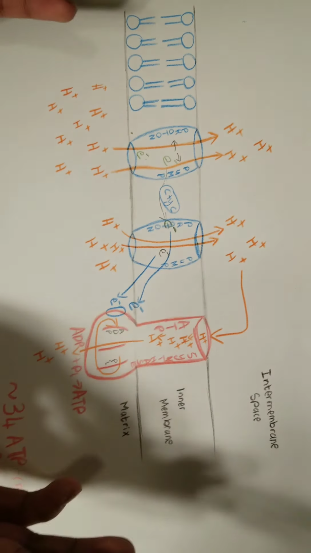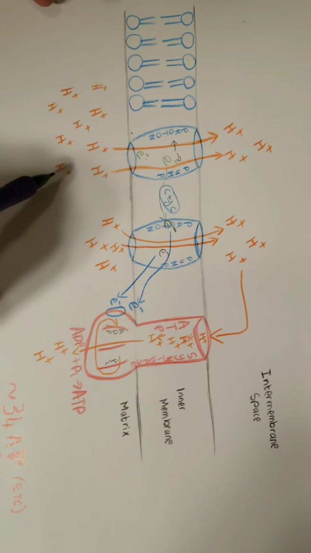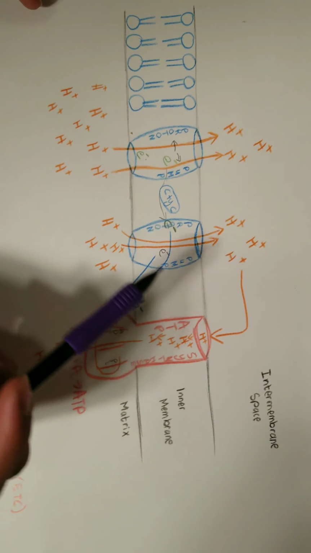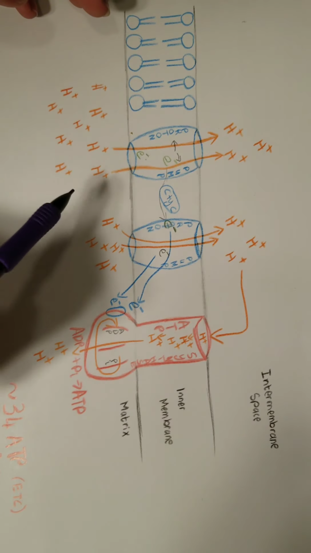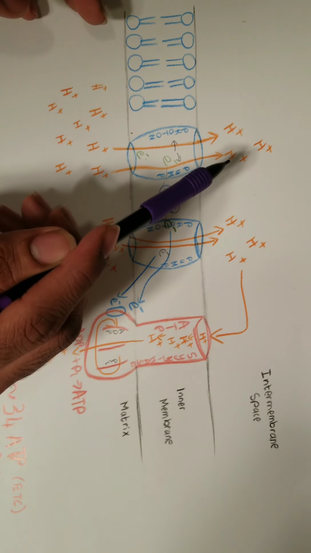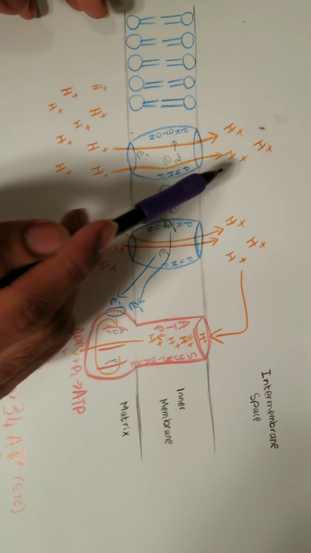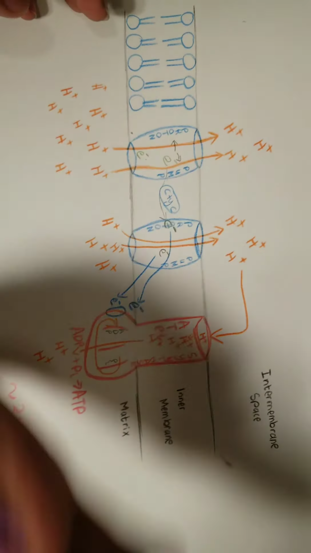So when it opens, the hydrogen ions, the protons, remember, it's a proton pump, are going to go across the proton pump. So the protons go from the matrix to the intermembrane space, right?